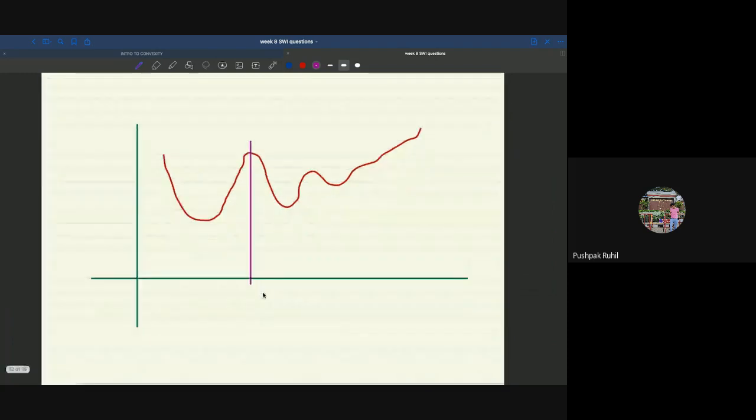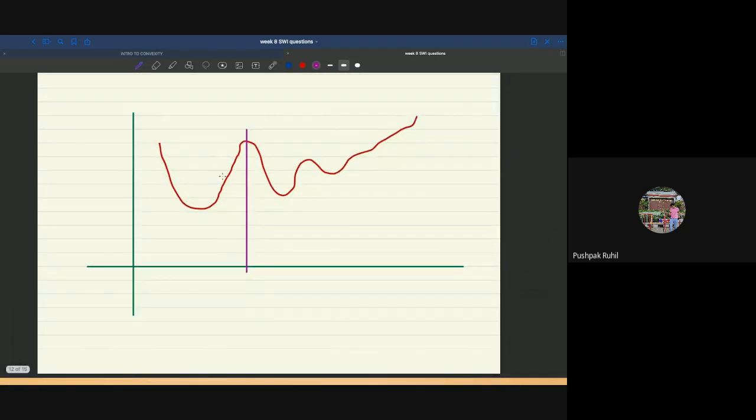So if you see, there is this one part where your function is a convex function. But the moment you step to the right part, it is not convex anymore, correct?